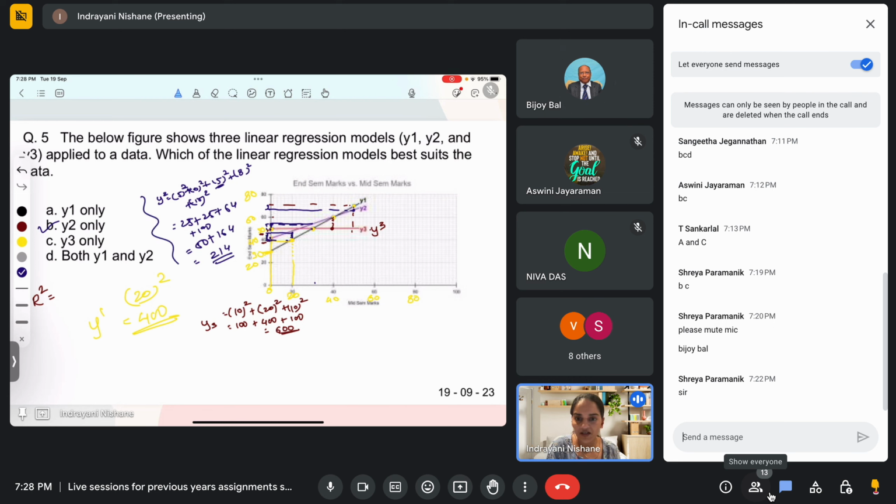R square said that y2 is the best fit, because the difference between the predicted value and the actual value is minimum for the y2 model, and not y1 and y3. Even though y1 and y3 had some points on them, whereas for y2 just one point was lying on the model line.